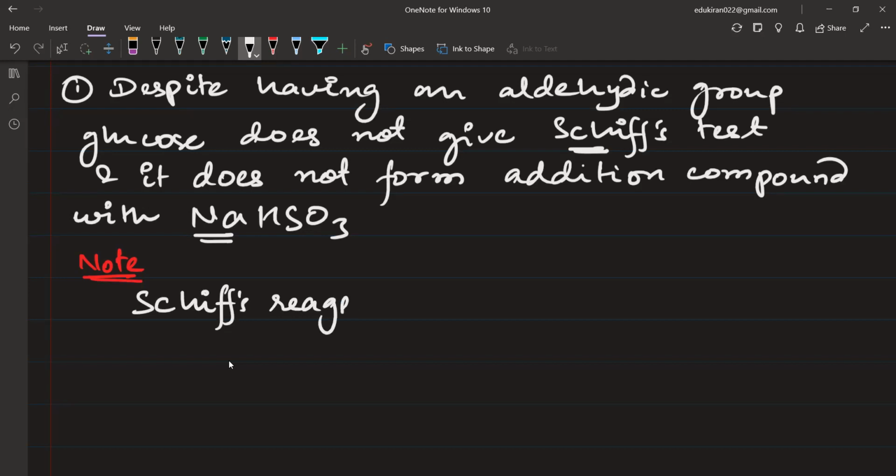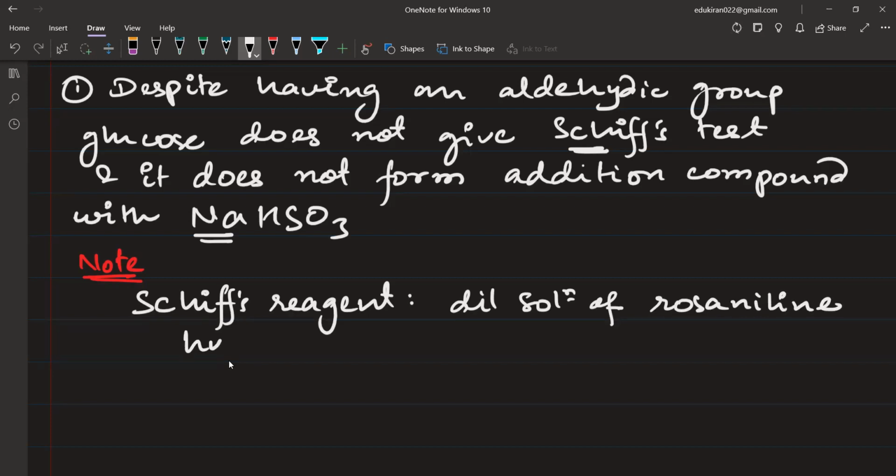Schiff's reagent. ये स्किफ्स बेस नहीं है, ये स्किफ्स रिएजेंट है. ओके, स्किफ्स रिएजेंट क्या है आपके पास? डाइल्यूट सॉल्यूशन ऑफ रोजा एनिलीन हाइड्रोजन क्लोराइड. ठीक है, रोजा एनिलीन हाइड्रोजन क्लोराइड. यहाँ पे आपके पास 3 फिनाइल ग्रुप होते हैं, एक कार्बन से अटैच्ड, ऐसे इसी.